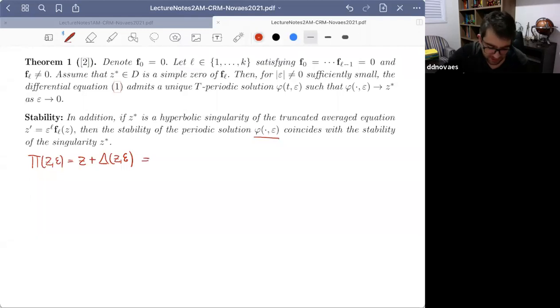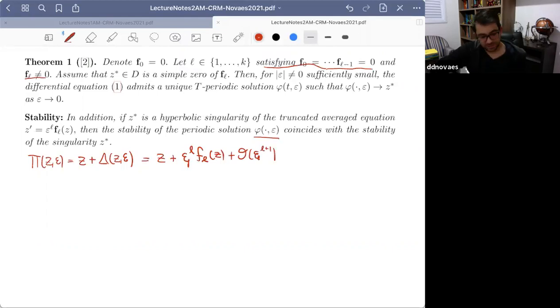Under this hypothesis, we see that the Poincaré map writes like z plus epsilon^L FL(z) plus higher order terms of epsilon. Okay, so in order to study the stability of the periodic orbit phi epsilon, we have to study the stability of the fixed point of the Poincaré map.